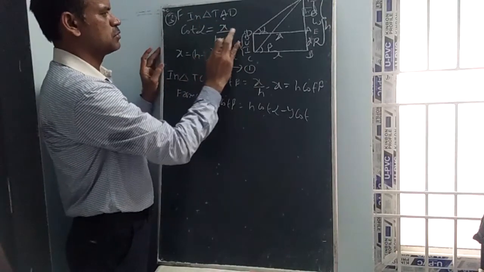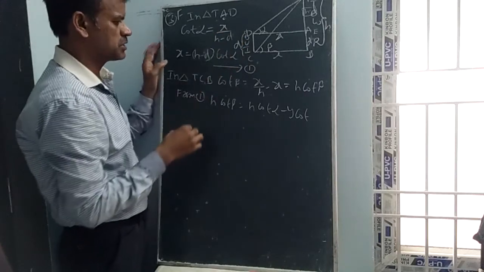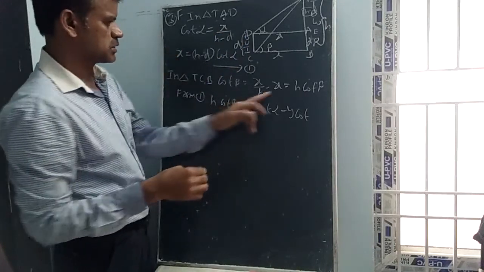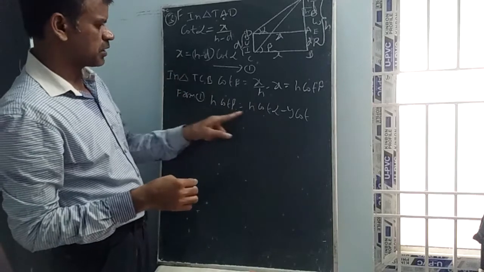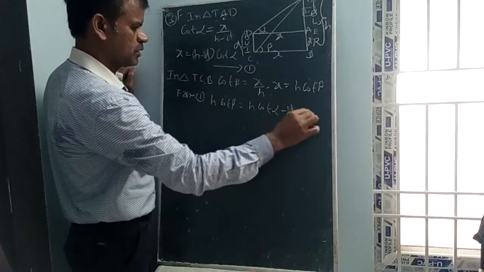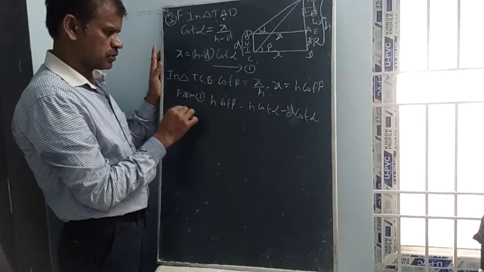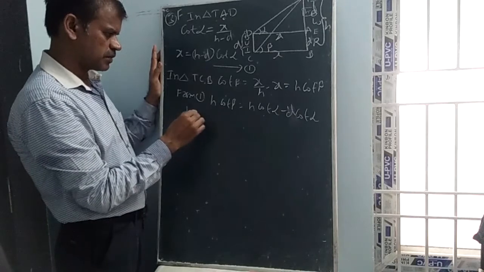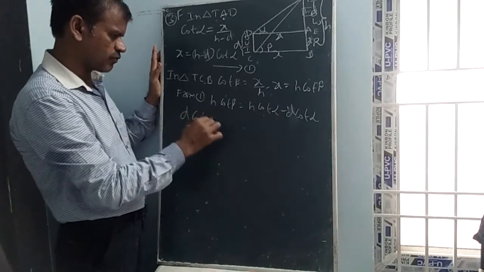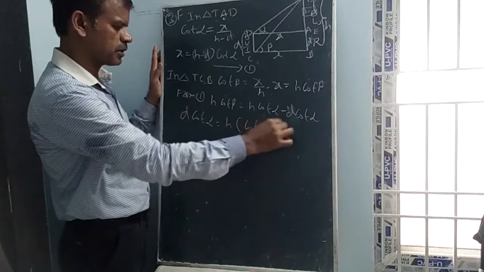Using this one, cot alpha is equal to x by h minus d. So this is h minus d. H cot beta is equal to h cot alpha minus d cot alpha. Now d cot alpha taken this side, it becomes d cot alpha is equal to h into cot alpha minus cot beta.